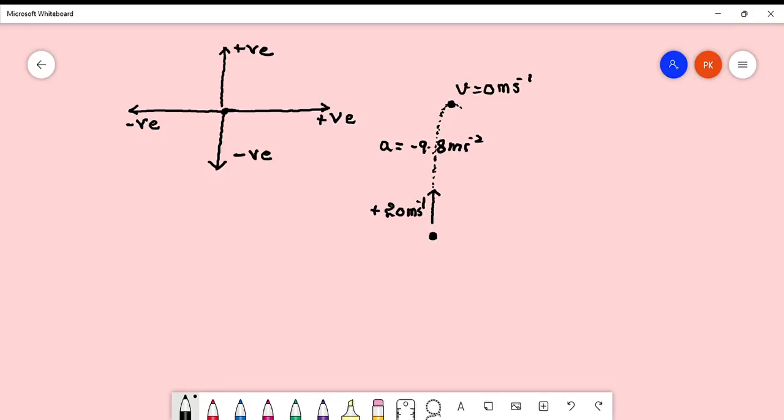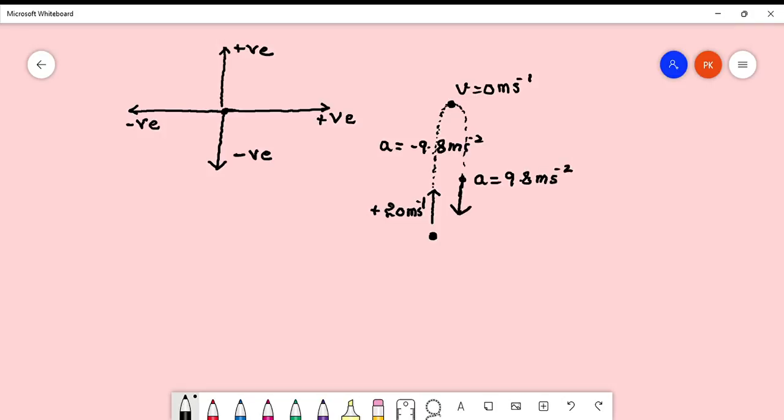And in a similar way, when the object travels downwards from the maximum height, its velocity will be negative, but as it is traveling down, it will accelerate, and hence I will take a as positive 9.8 meter per second square.